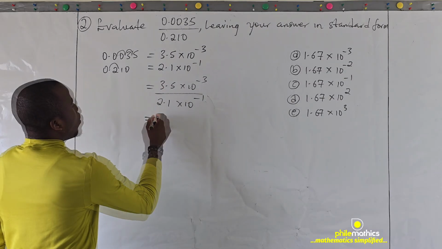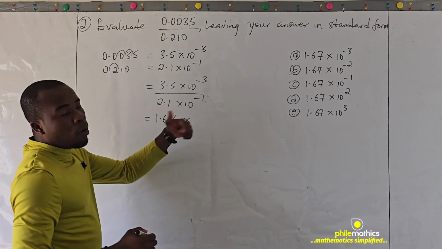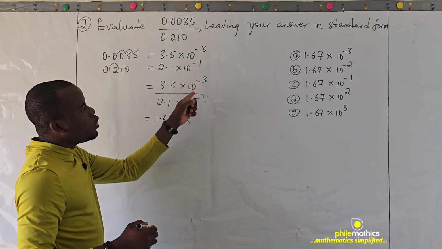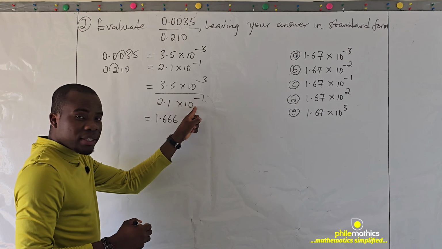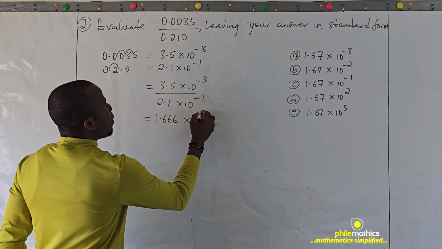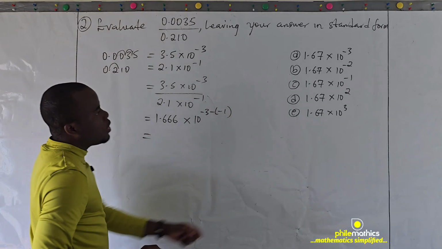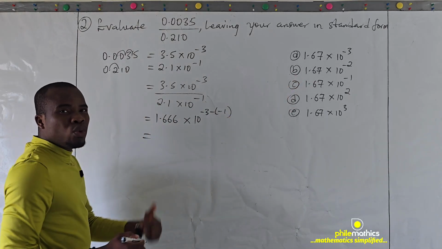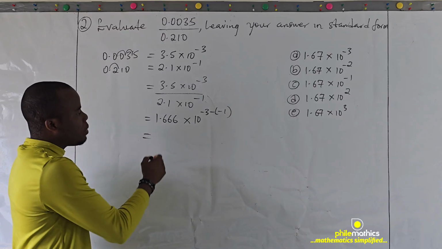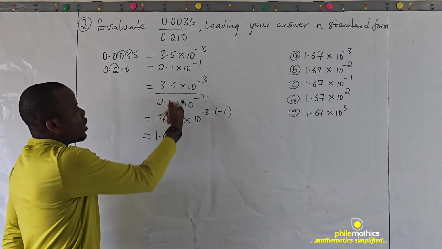So if I divide 3.5 by 2.1, I will get 1.666. From laws of indices, when I'm dividing two numbers with the same base, I subtract their powers. So this will be 10 to the power minus 3 minus 1. Since from the options this is approximated to two decimal places, 1.666 to two decimal places is 1.67, since the digit is 5 or more, we round up.